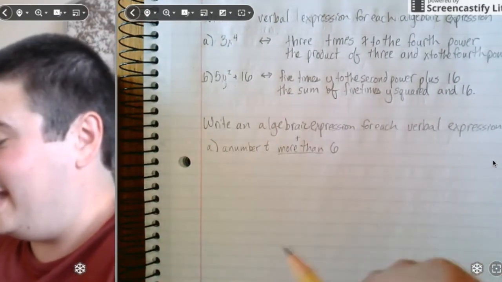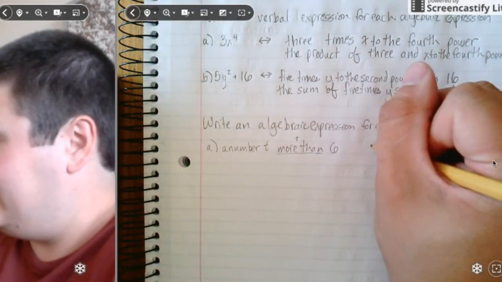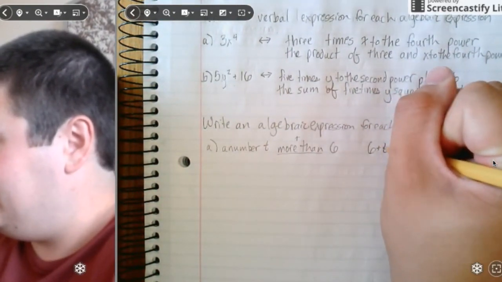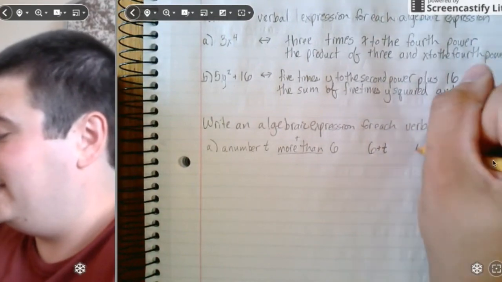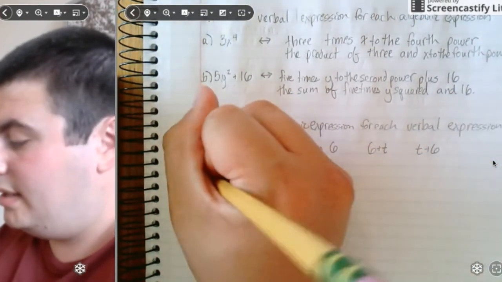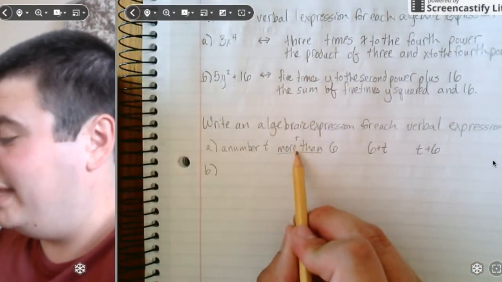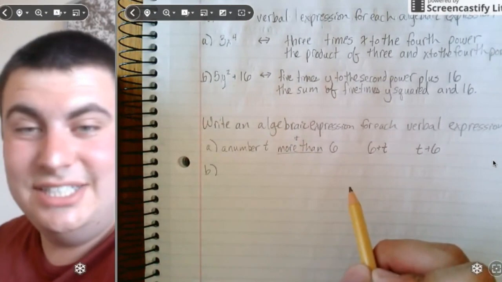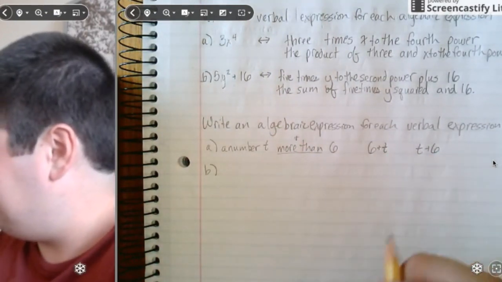So therefore, the algebraic expression for this is going to be 6 plus t, because we're taking t more than 6, or we could write it as t plus 6. Alright, so if we have more than, that's going to be a symbol for addition, and we're going to take 6 plus t or t plus 6.